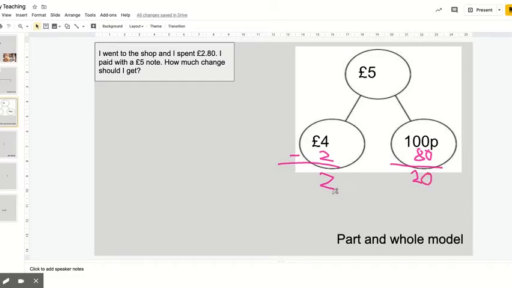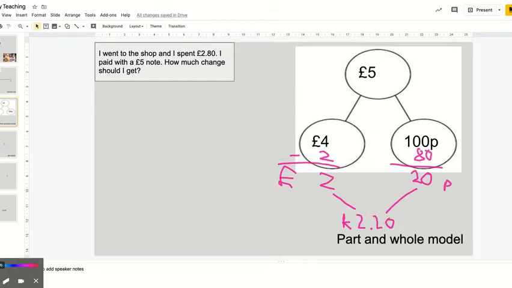So then if I add these both together, the two, important to remember, that's pounds and that's pence. If I add them together, I will then be left with £2 and 20p there. So that's one way you can use the part and whole model to find the change when you've gone to a shop.